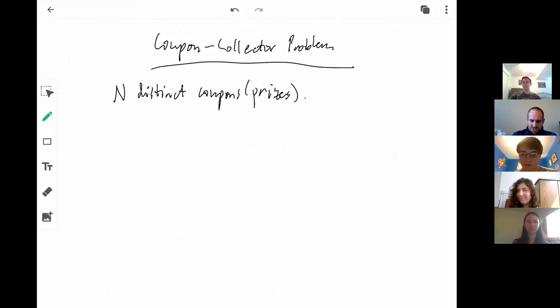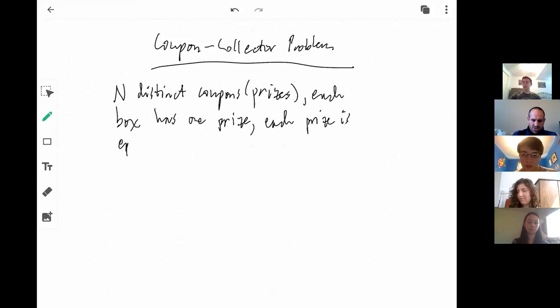And each box has one prize, and each prize is equally likely to occur, equally likely to be present, I guess is how we would say this.